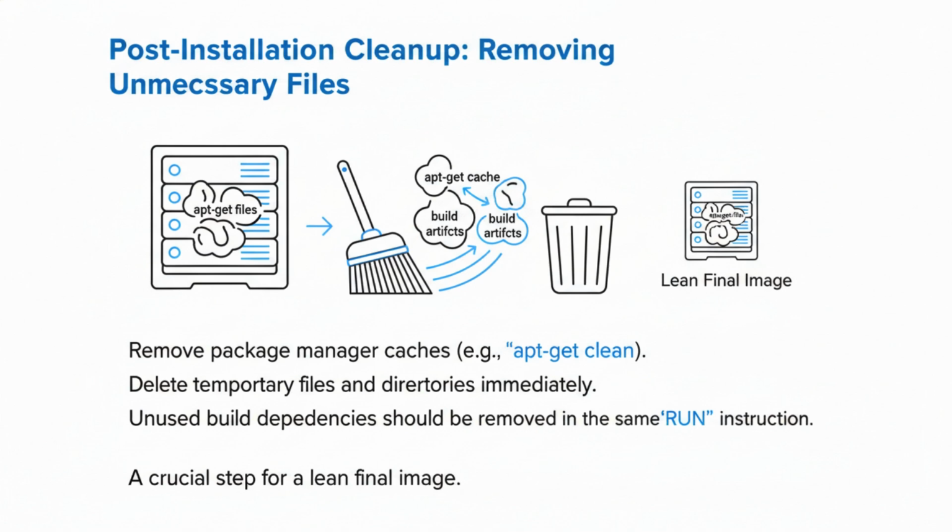By adding cleanup commands, such as rm -rf /var/lib/apt/lists/* for Debian-based systems, within the same RUN instruction as the installation, you ensure these temporary artifacts are discarded before a new layer is created. This prevents them from bloating your image and making it unnecessarily large.